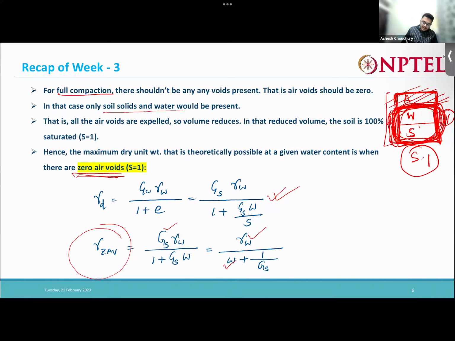So we can draw a line. You have the water content here, and you have the gamma. So you get a line like this, which is known as the zero air void line. This is the theoretically maximum possible value of dry density that you can achieve at a particular water content. Remember that practically it's not possible to achieve this.